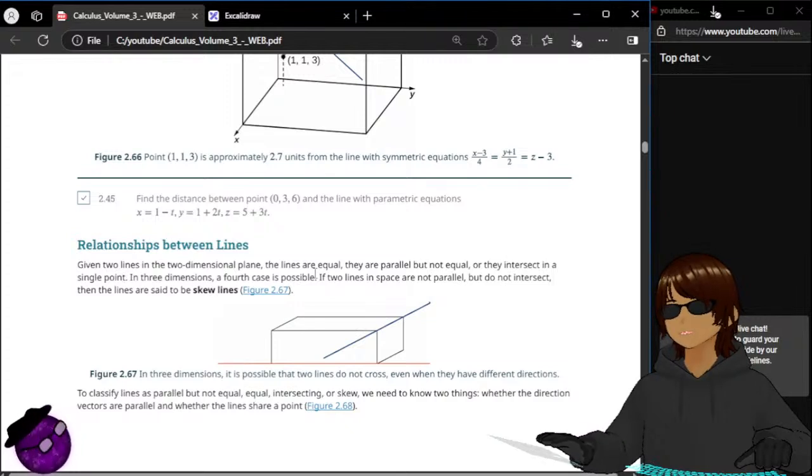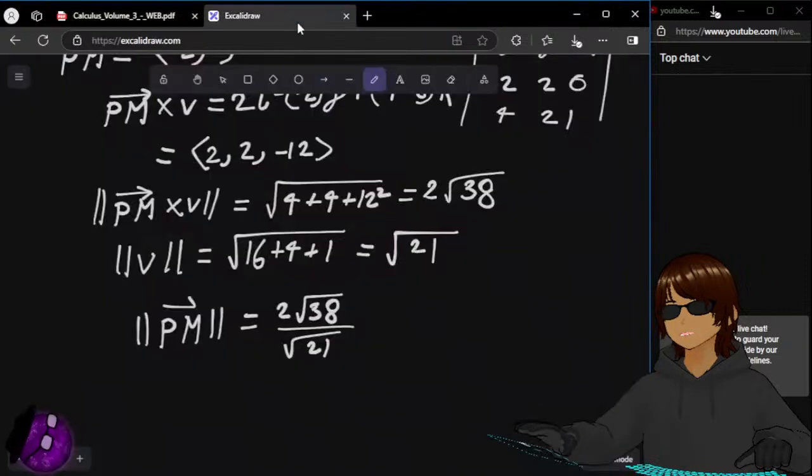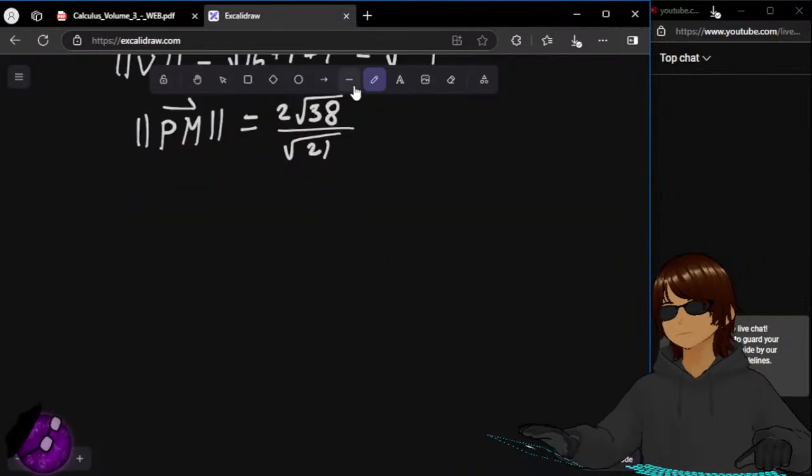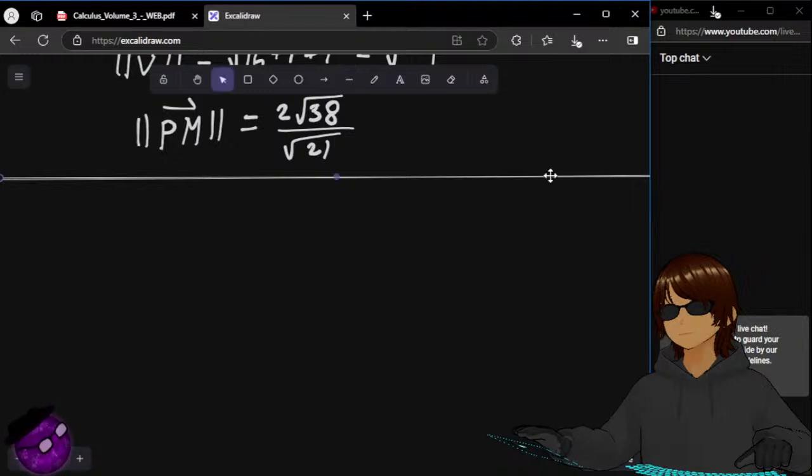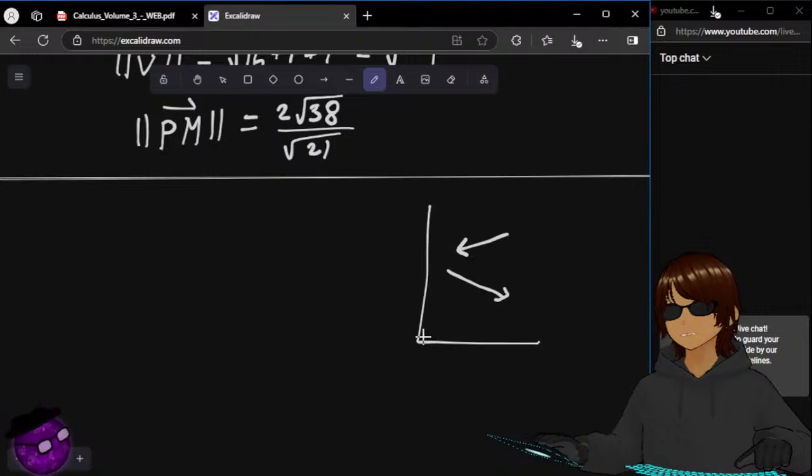Wait, I mean, it's possible that the lines are not parallel. Like, one line is coming this way, the other is going that way, and these two will never meet. That's also possible, right?